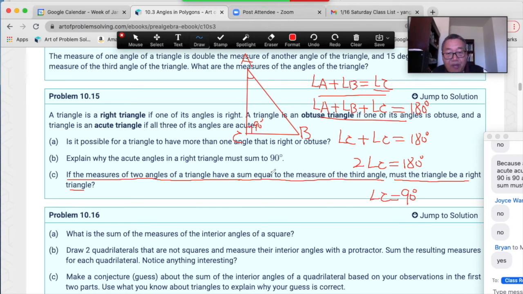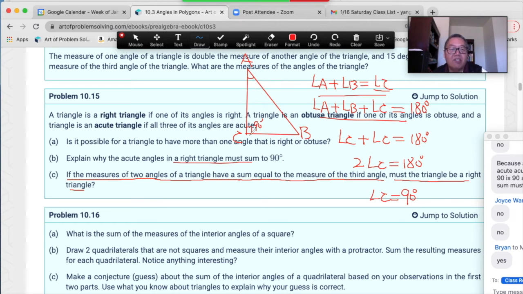Actually, you compare this statement with this one. Statement B told you in a right triangle, suppose angle C equals 90 degrees. In a right triangle, the sum of the other acute angles always equals 90 degrees, right? We already proved that.